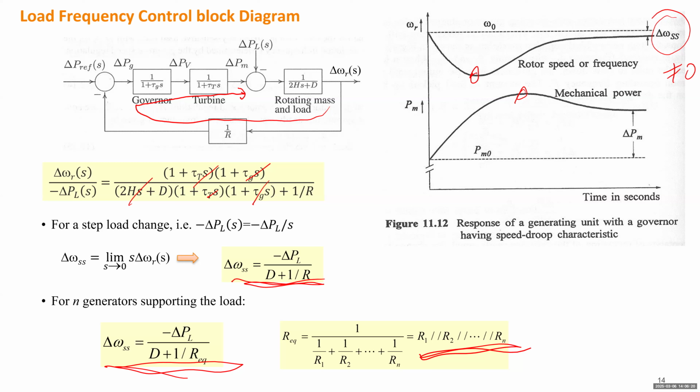If you make any governor more sensitive, the entire system will be more sensitive to frequency. This is like in a parallel circuit: if you make any resistance smaller, the current will be bigger. That will influence the total equivalent resistance or impedance.